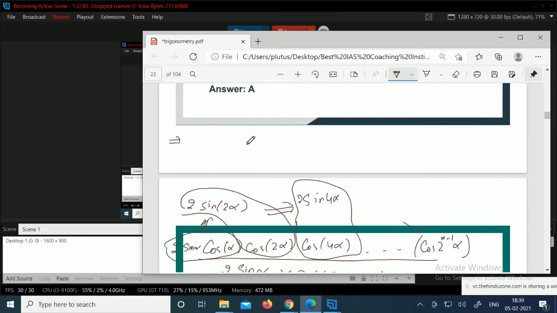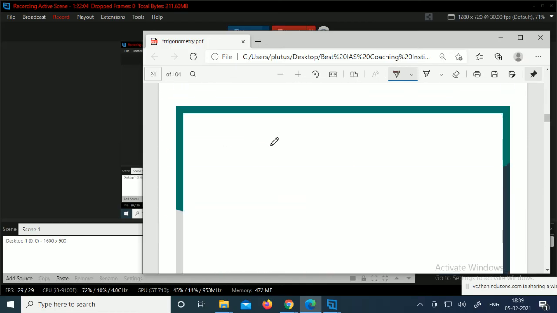Okay, so the next series is, if I have sine theta into sine 60 minus theta and sine 60 plus theta, what is the value of this series?